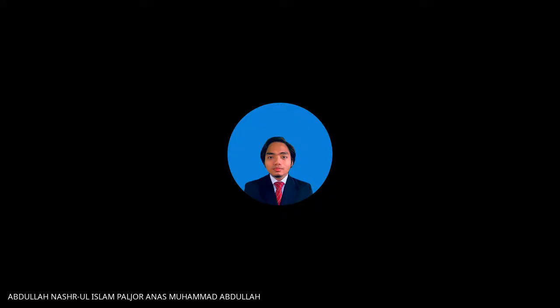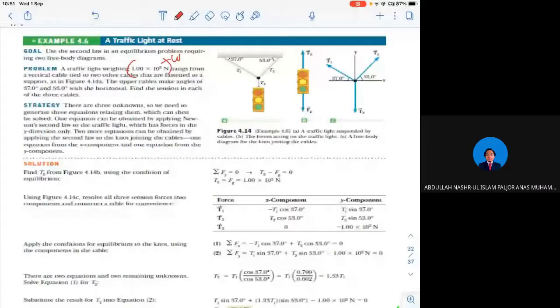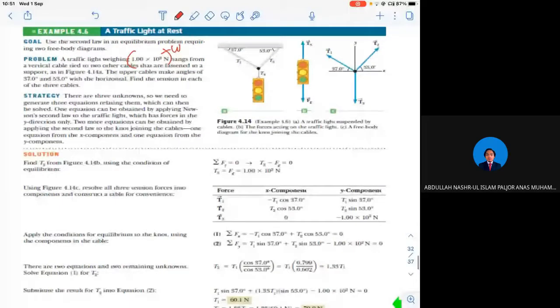Now, for example, a traffic light weighing 100 Newton. So that means this is the W. It's also called force. It hangs from a vertical cable tied to two other cables that are fastened to a support, as in figure A. The upper cable makes angles of 37 degrees and 52 degrees with the horizontal.